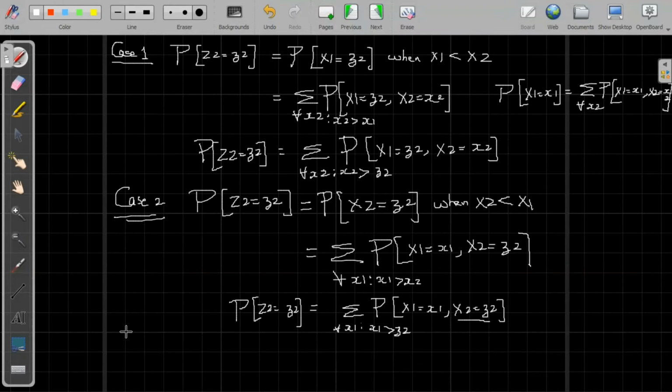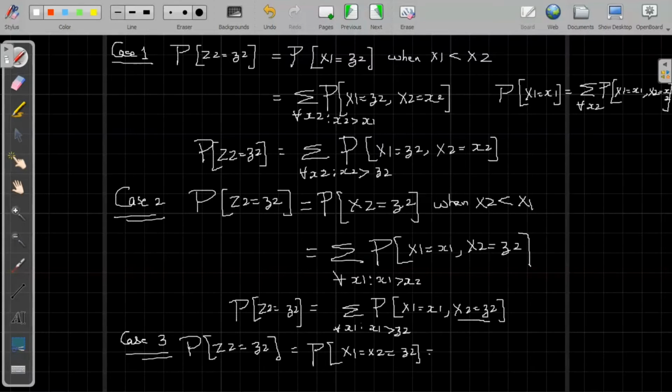Similarly, for case 3, probability z2 is equal to small sample value z2 is equal to probability that x1 is equal to x2 is equal to small sample value z2.